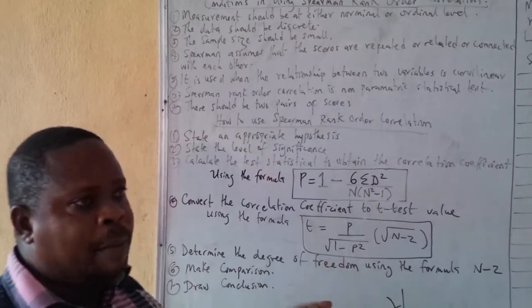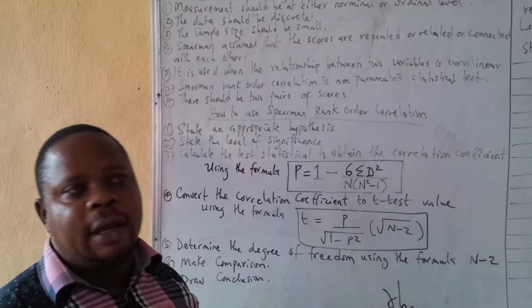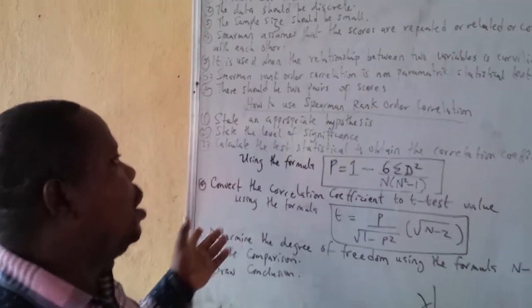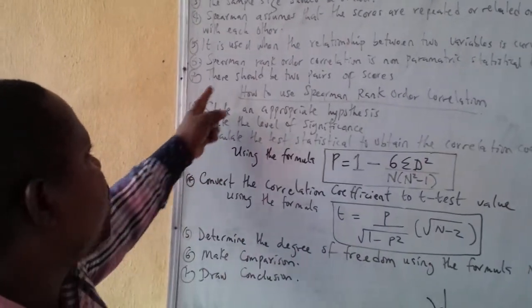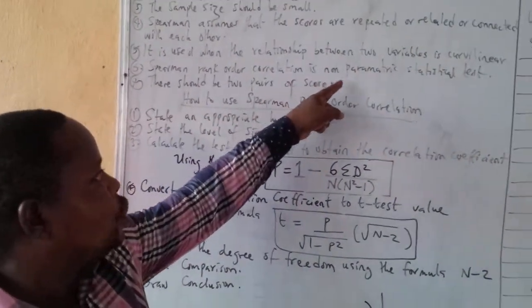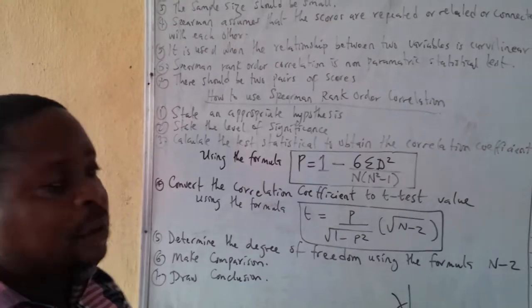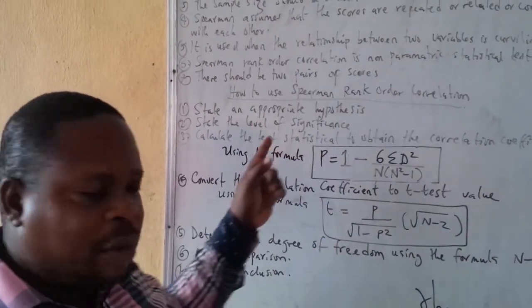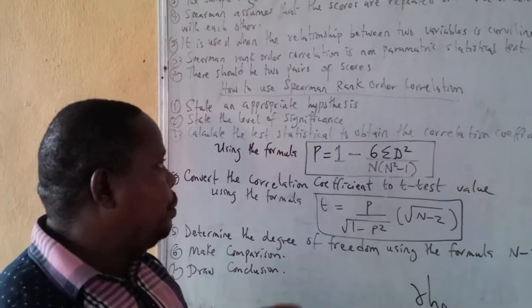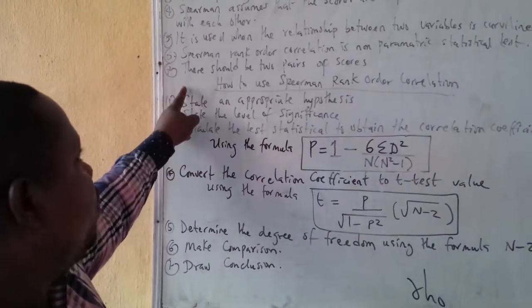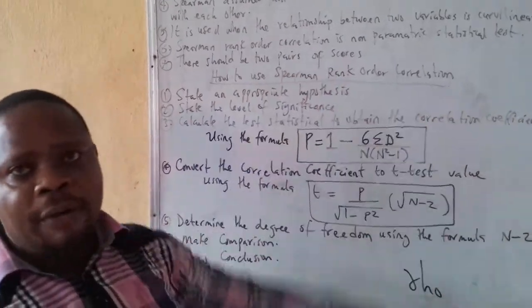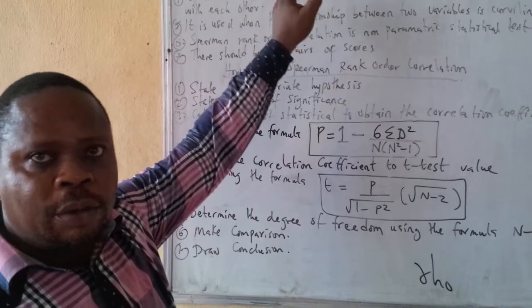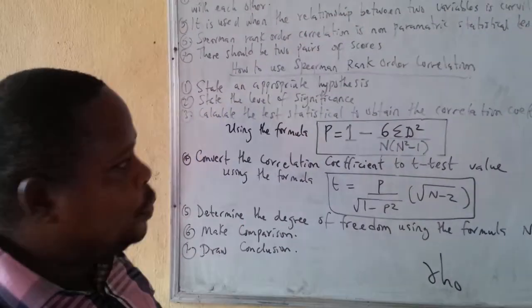But for Spearman, it can be curvilinear, meaning that it can be positive, can be negative, or as the case may be. Number six, Spearman rank order correlation is a non-parametric statistical test. You should know that Pearson is parametric, but this Spearman is non-parametric. Then number seven, there should be 2 pairs of scores. These are conditions that must be fulfilled before the Spearman can be used.